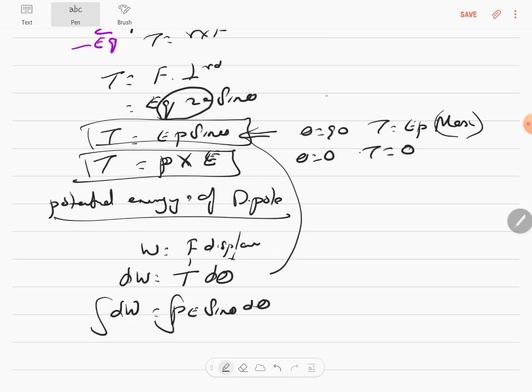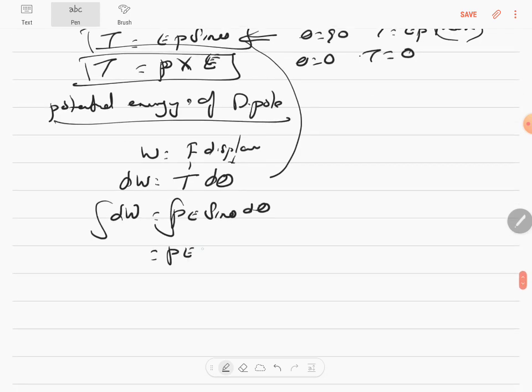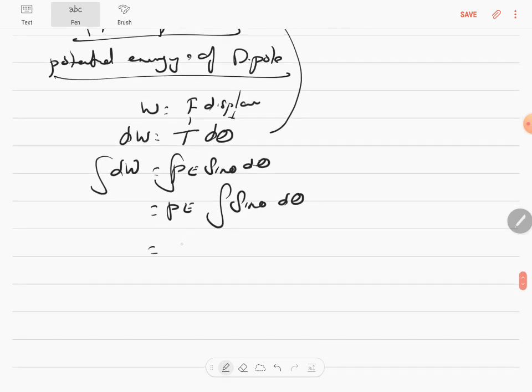On integrating both sides, take the Pe, dipole moment and electric field, out, and integrate sin theta into d theta. If you integrate sin theta, you will get minus cos theta. You should know that integration of sin theta is minus cos theta. So then minus Pe cos theta, integrated from theta 1 to theta 2.